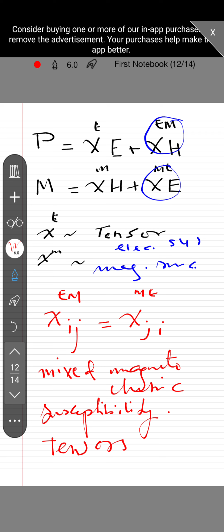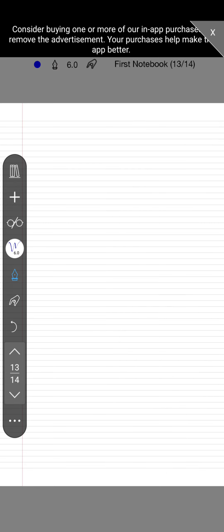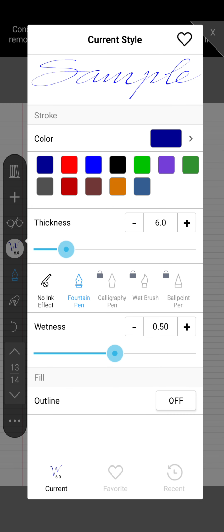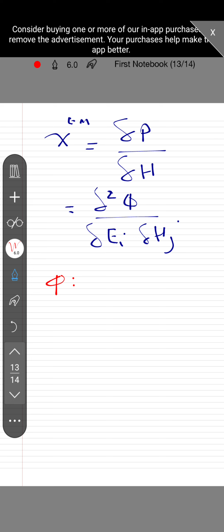And they can be defined, for example, from the equations that we have shown previously, as a change in polarization with respect to change in magnetic field, which is again equal to del square phi divided by del Ei into del Hj, where this phi represents a thermodynamic potential.